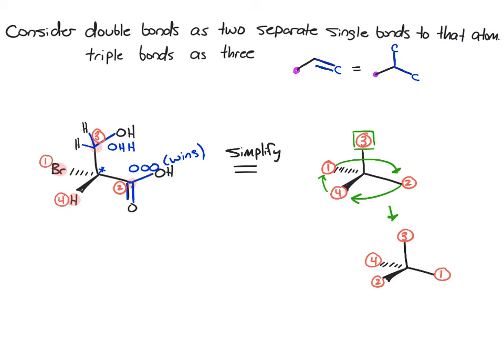Now, just draw your curved arrows. This goes around to the right, which tells us an R configuration, and that's the configuration of the original molecule.